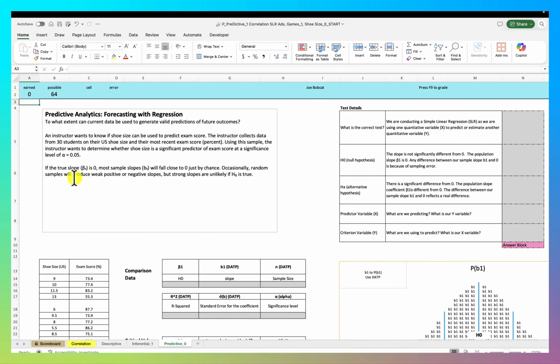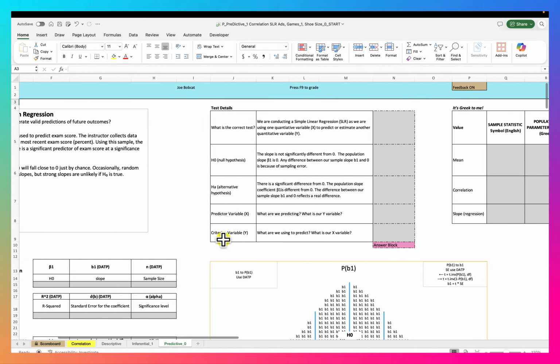Occasionally, random samples will produce weak positive or negative slopes, but strong slopes are unlikely if H0 is true. So we're trying to find out whether or not there is a predictive element in the sample that's strong enough for us to conclude that it could be used to predict in the population.